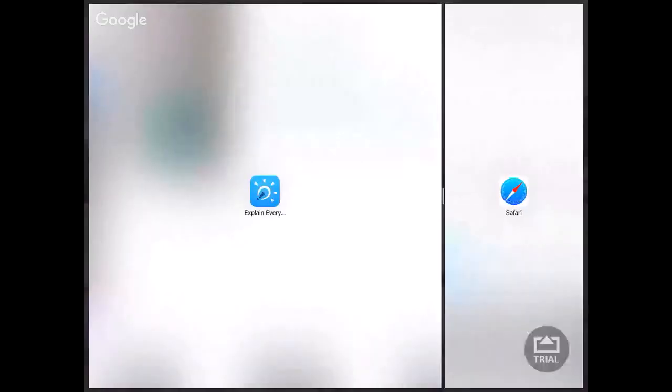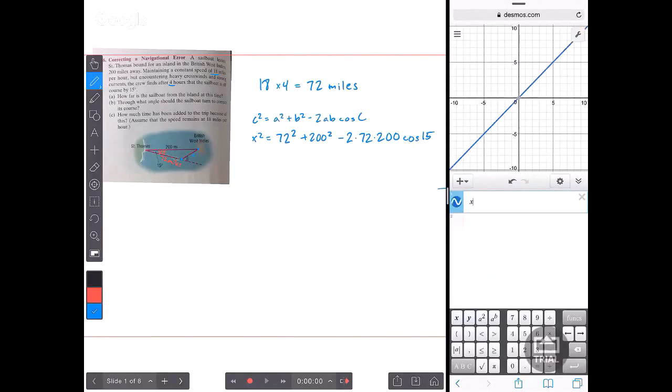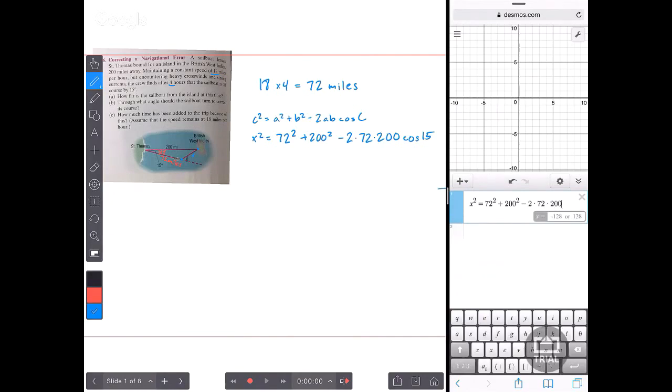Desmos is nice. I'm going to go over to Desmos and say x squared equals 72 squared plus 200 squared minus 2 times 72 times 200 cosine of 15.